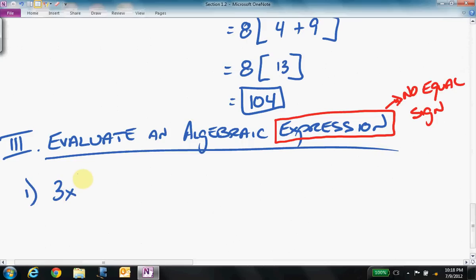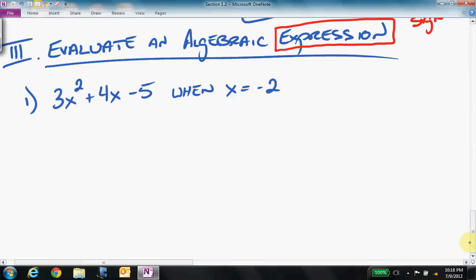So you're going to see the expression 3x squared plus 4x minus 5. So we have a little quadratic expression here. So we want to evaluate this when x equals -2. Again, it's just plug and chug. The first step we're going to do is substitute in a -2 for x.